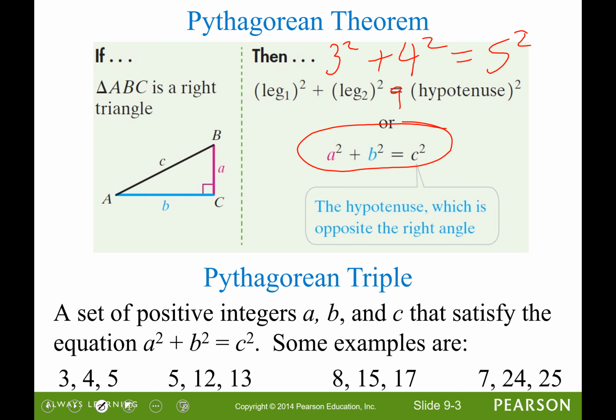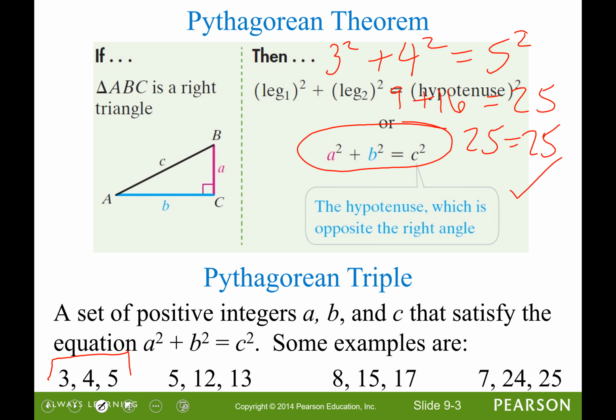That would be 9 plus 16 equals 25, which means 25 equals 25. Okay, so you can see there that the equation is satisfied, making the 3, 4, 5 triangle a Pythagorean triple because 3, 4, and 5 are all whole numbers.